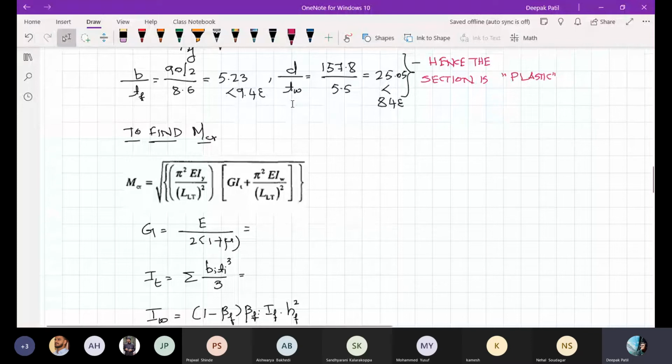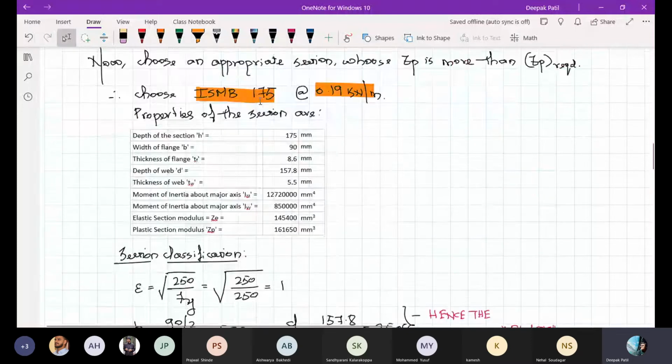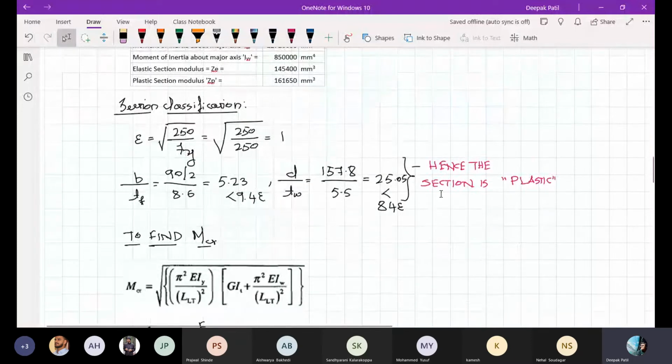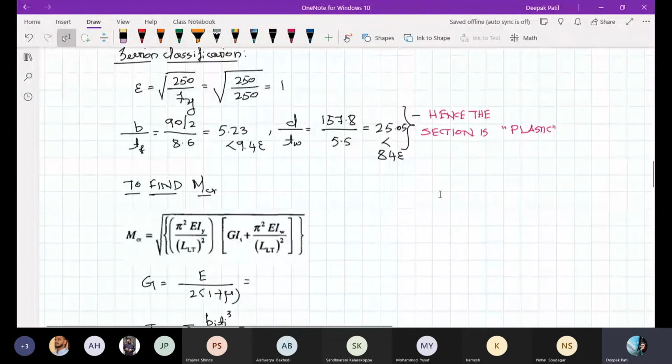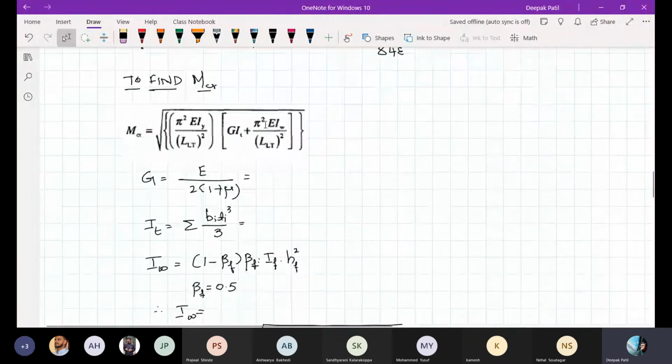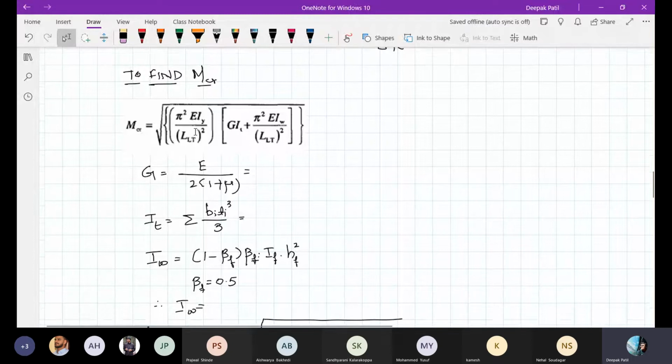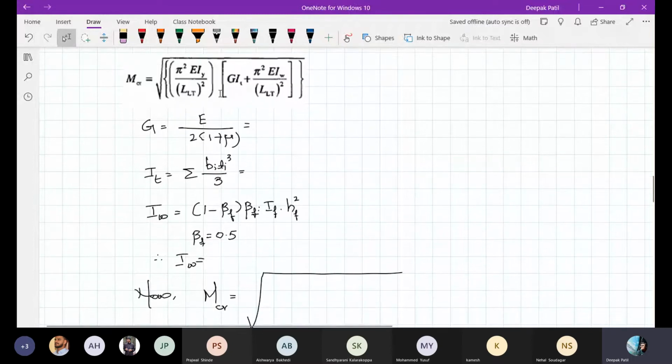The section I have chosen, that is ISMB 175, based on section classification, is a plastic section. Next, you have to calculate the elastic critical moment, MCR, which is given by this formula. So let us calculate the terms inside this square root.